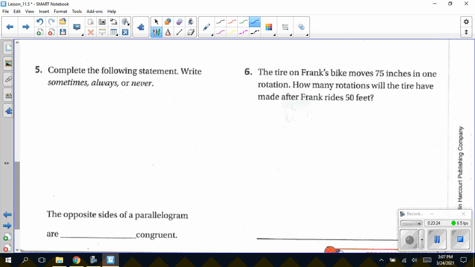And finally, number 6, the tire on Frank's bike moves 75 inches in 1 rotation. How many rotations will the tire have made after Frank rides 50 feet? So first of all, we should probably convert that 50 feet into inches in order to solve this.